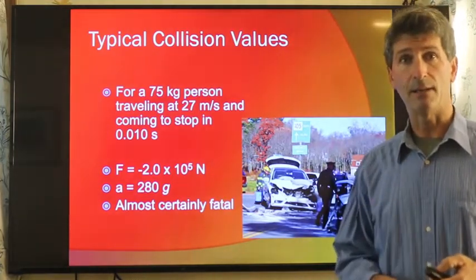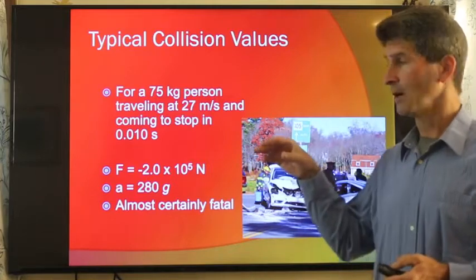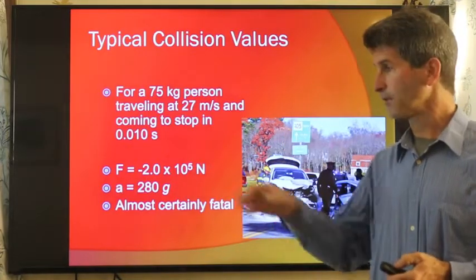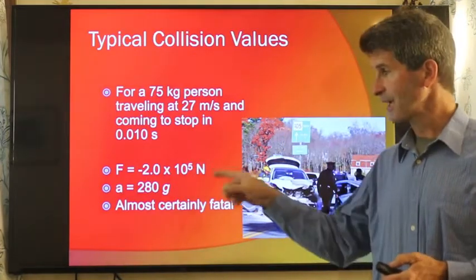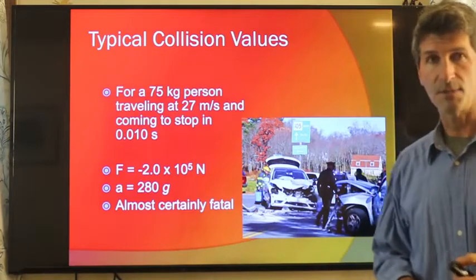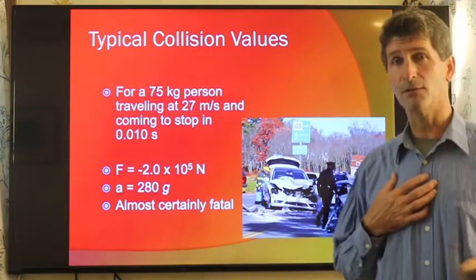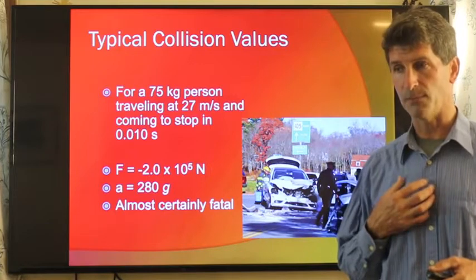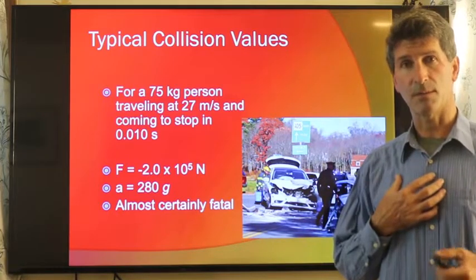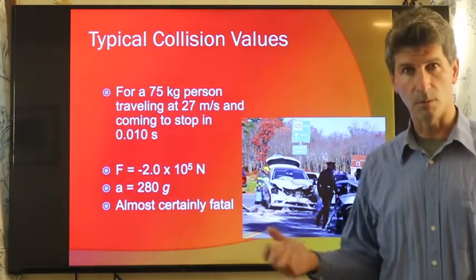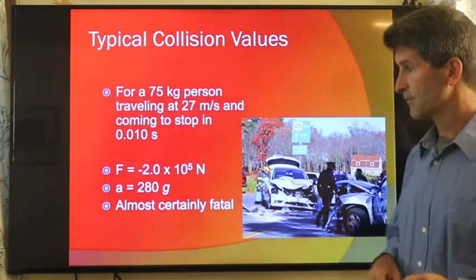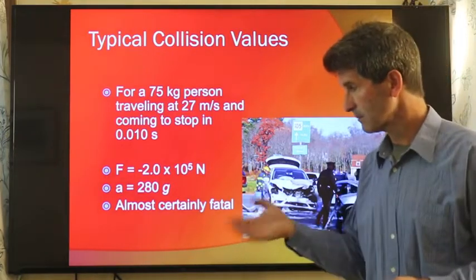They are dead, regardless of how fortunate, how strong they are. At 280 times the acceleration of gravity, in fact, anything over 100 times the acceleration of gravity, the pressure in your blood vessels becomes so high, your aorta will rupture, you'll have tremendous internal bleeding.